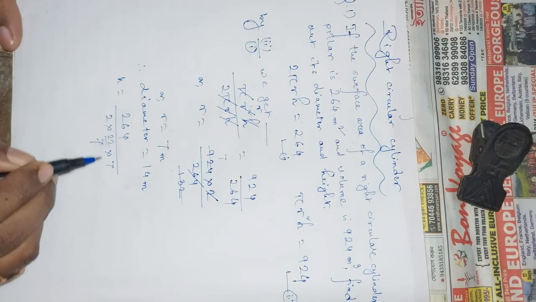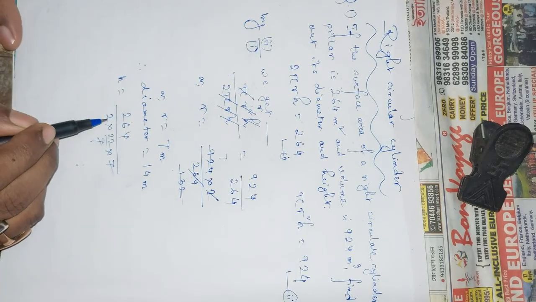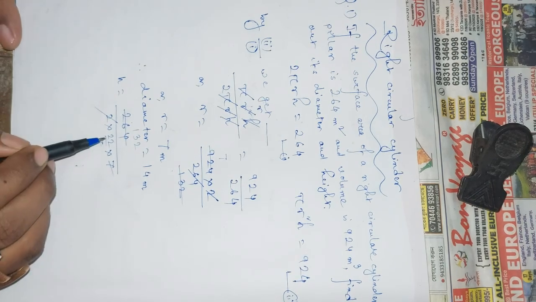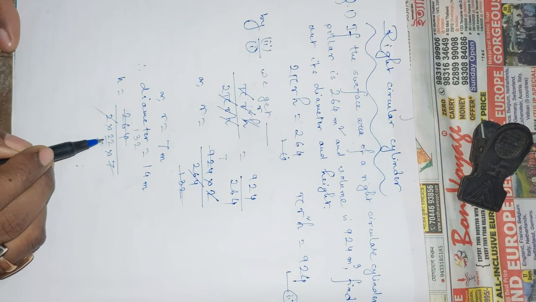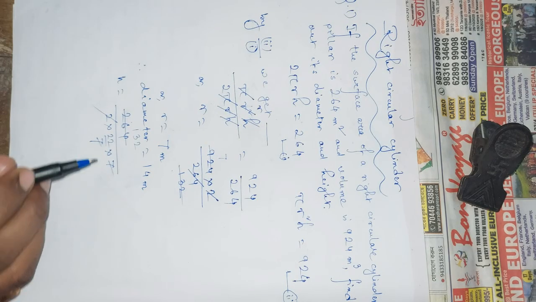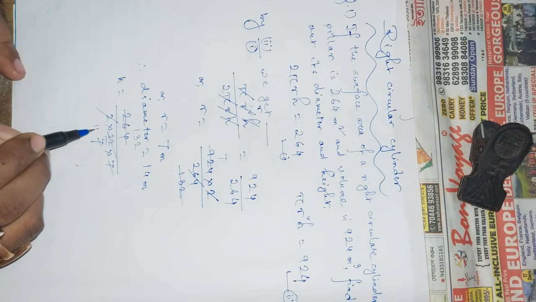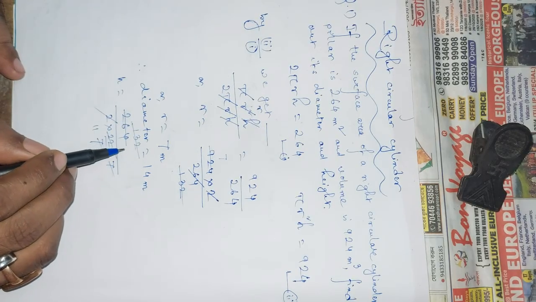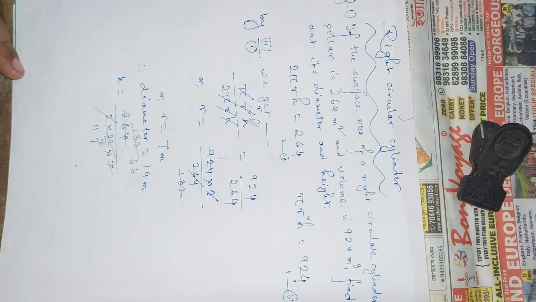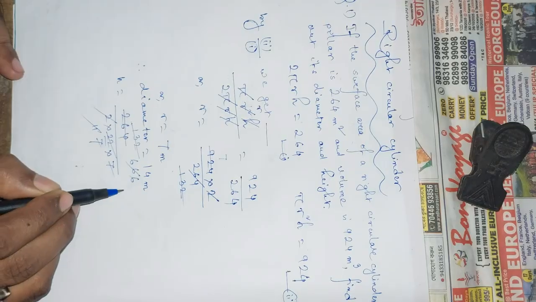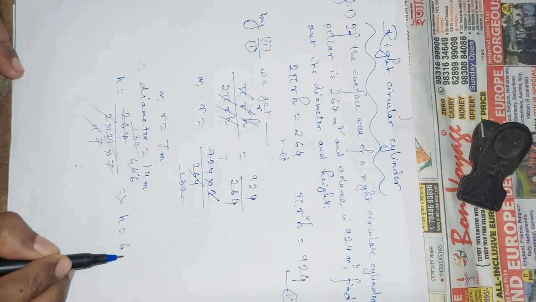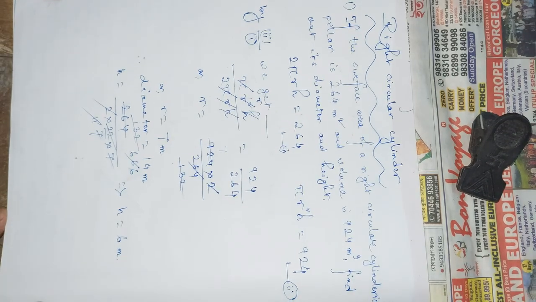So 7 can be cancelled. 2 into 22 is 44, and 264. If we cancel it by 2 we get 11, and if we cancel 132 we get 66. So it is equal to 6. That means h is equal to 6 meter. So this is our answer.